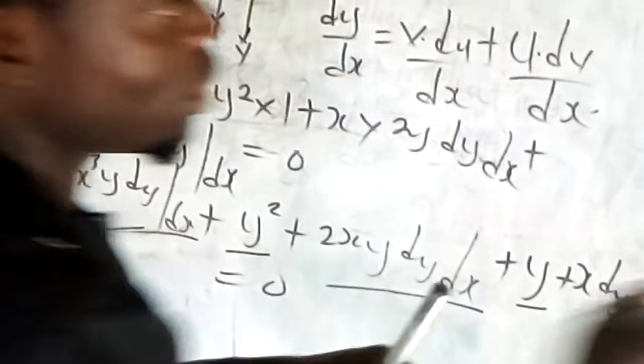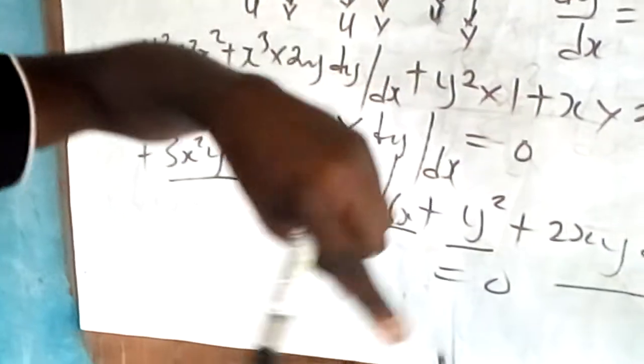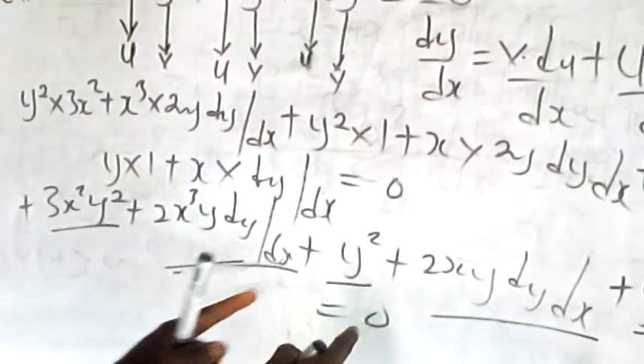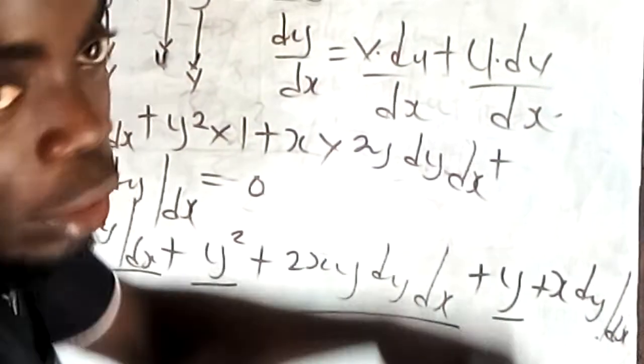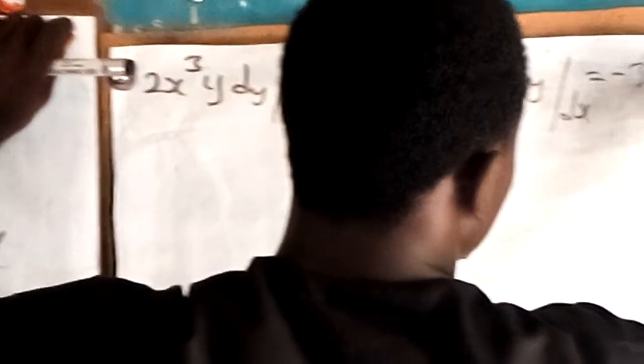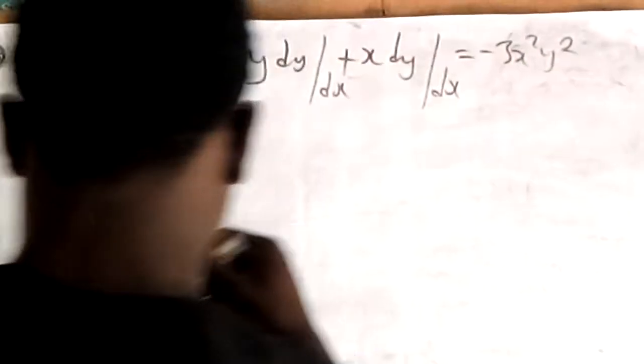I believe that is all for dy/dx. So now those that don't have dy/dx will cross to the other side. Take note there's an equal sign. So this plus, when it crosses it becomes minus. When this crosses it becomes minus y squared. This crosses to become minus y. So we have minus 3x squared y squared from here.